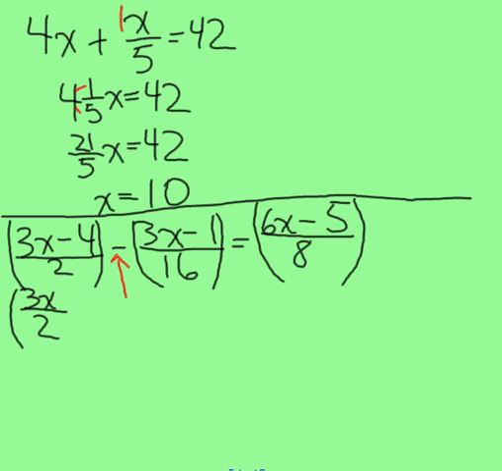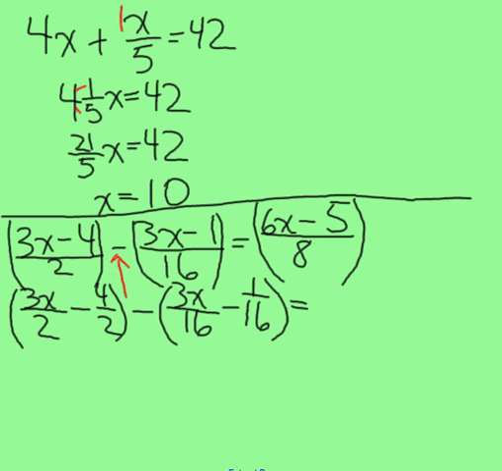So it's 3x over 2 minus 4 over 2, in brackets, minus, in brackets, 3x, this time over 16, minus 1 over 16, in brackets, equals 6x over 8 minus 5 over 8, in brackets.